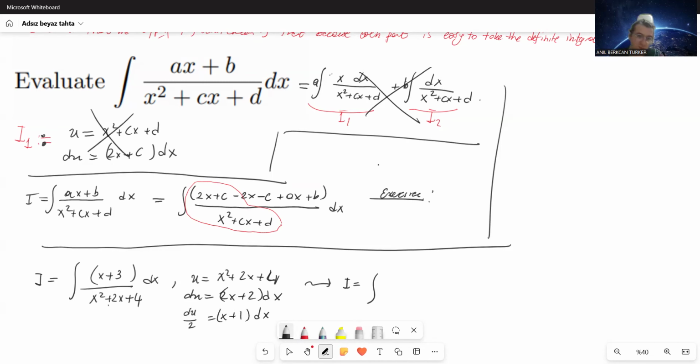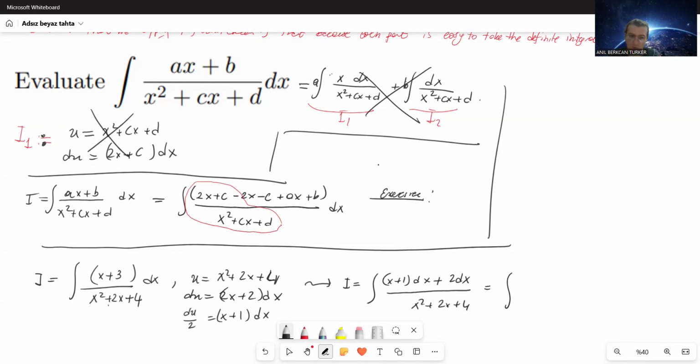Instead of x plus 1 dx, I'm just going to put du over 2. Now you see the algorithm. So I can write x plus 1 dx plus 2 dx over x squared plus 2x plus 4. It is now separated into two integrals.